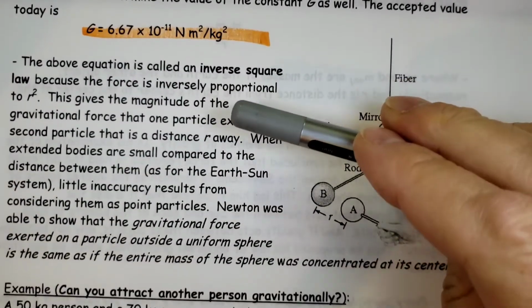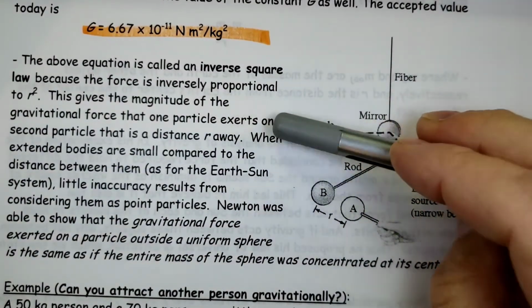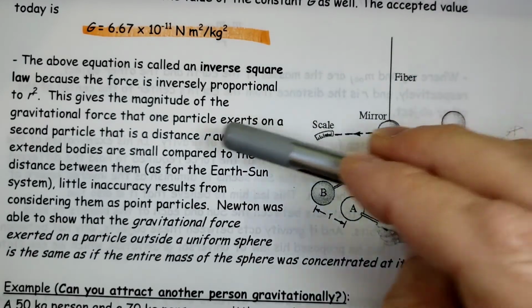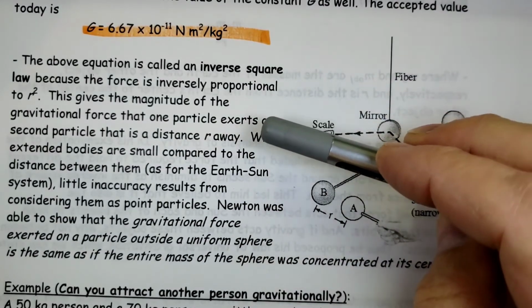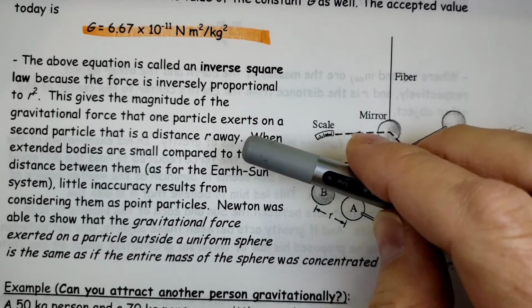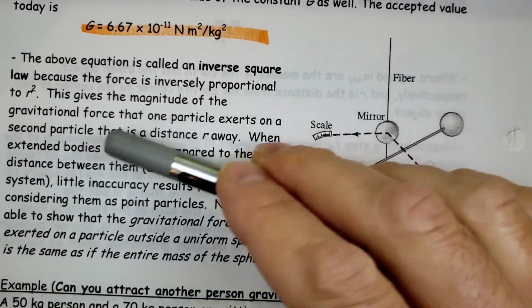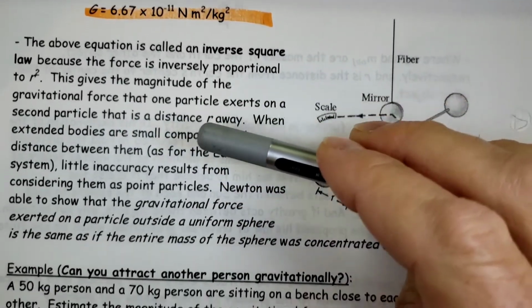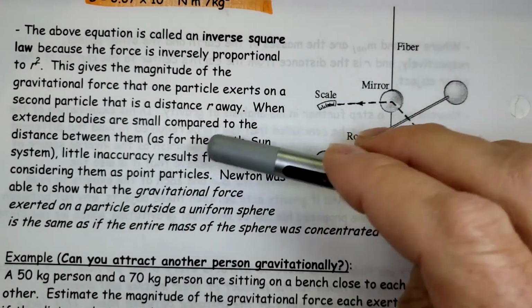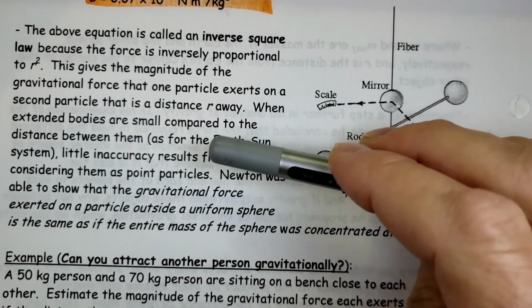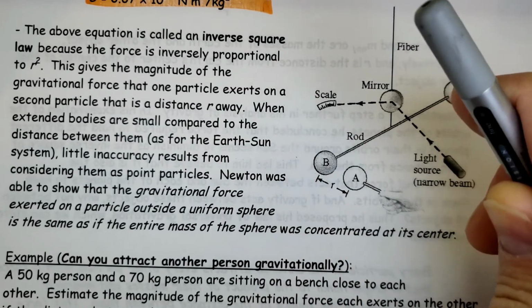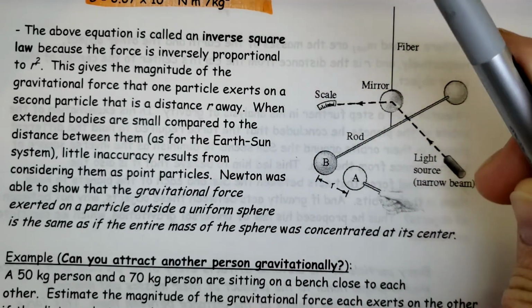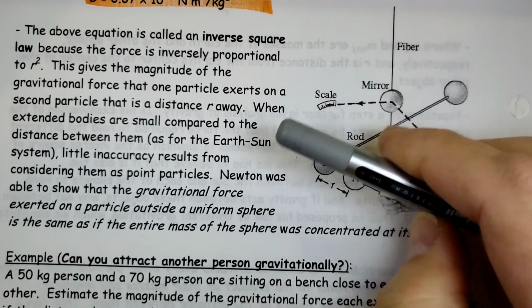This gives the magnitude of the gravitational force that one particle exerts on a second particle when it is a distance of r away. When extended bodies are small compared to the distance between them, little inaccuracy results from considering them as point particles. So if we're talking about a box on top of the Earth, the two objects are Earth and box.